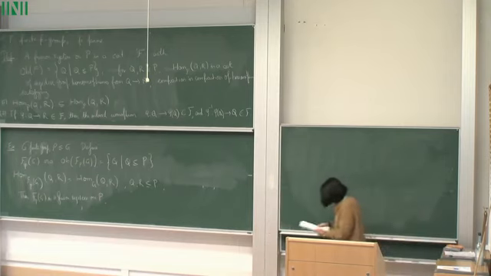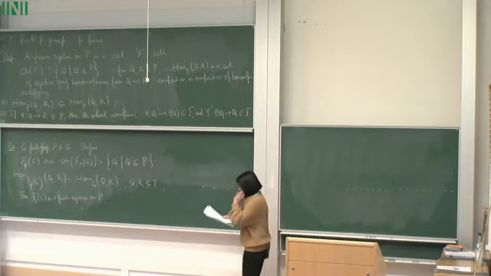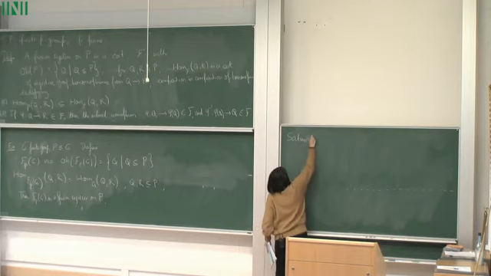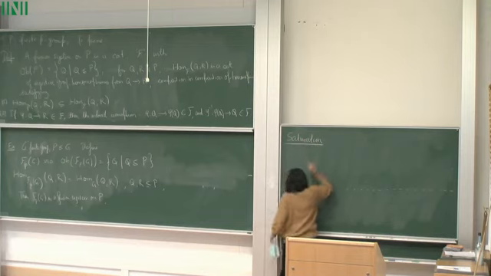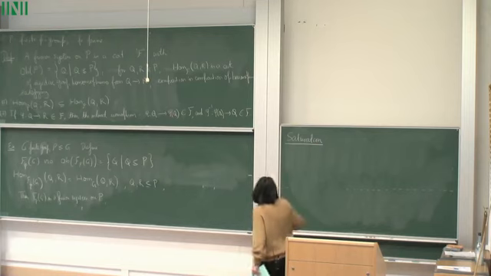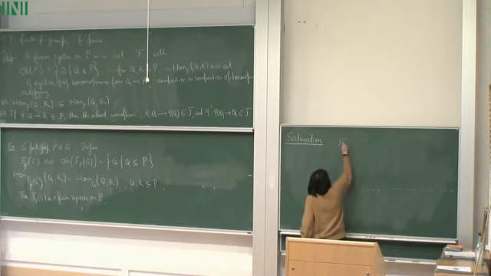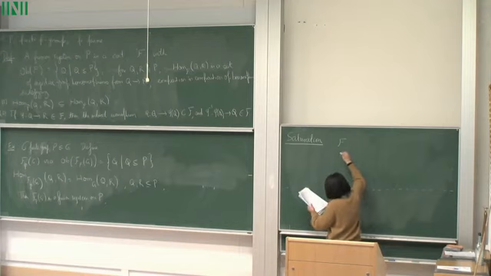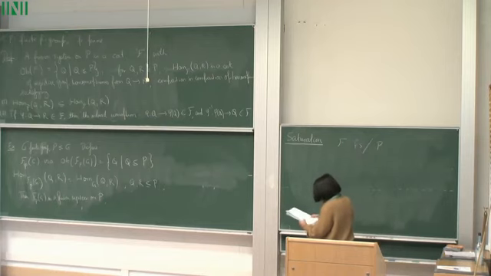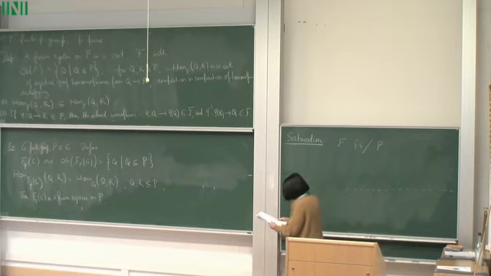Okay, so now saturation. Before I define saturated fusion systems, we need to do some yoga around automorphism groups. So F is a fusion system over a finite group P, always a fixed finite p-group.